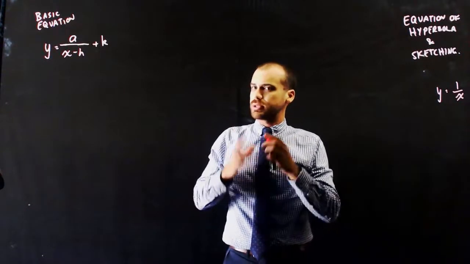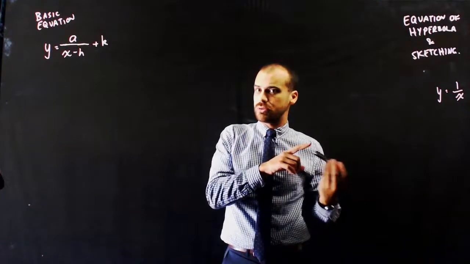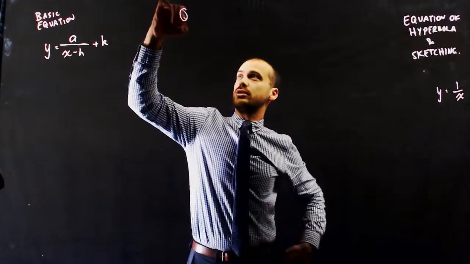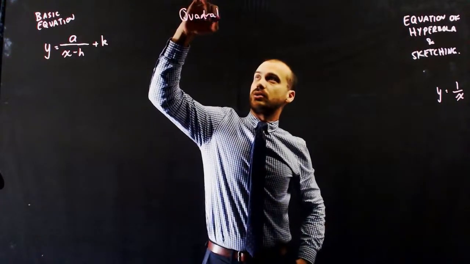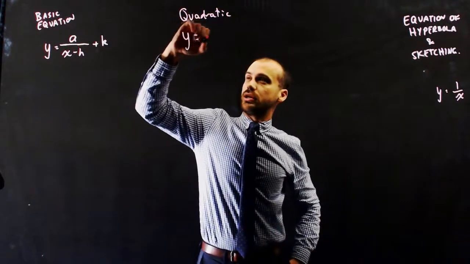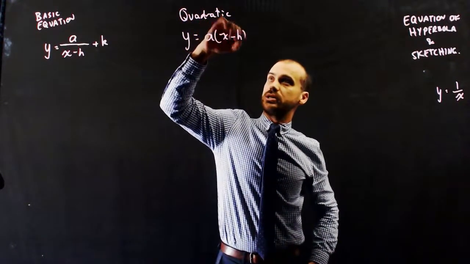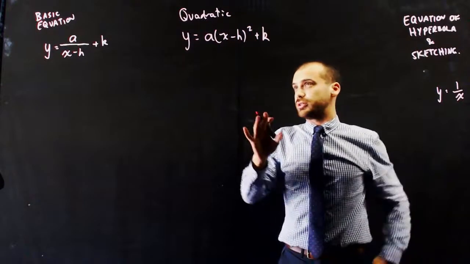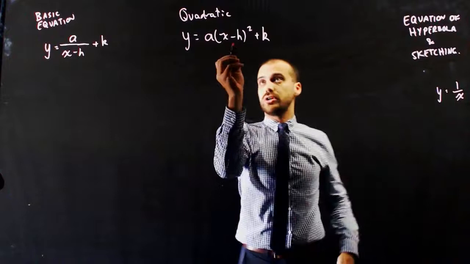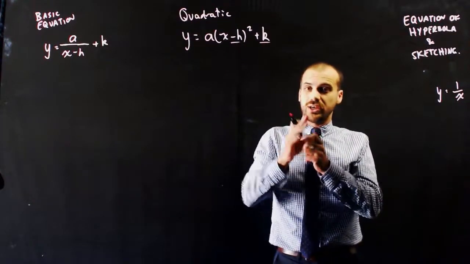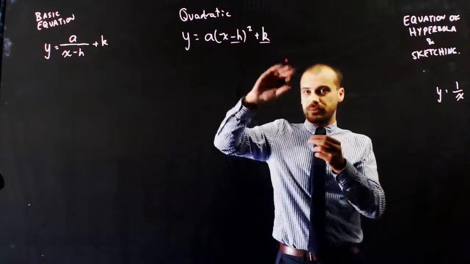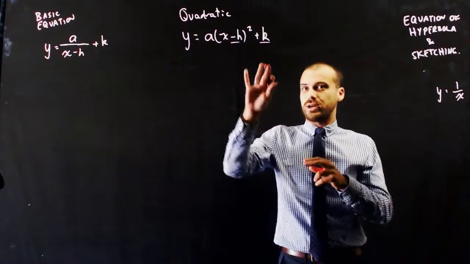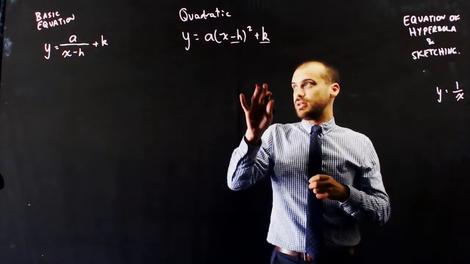Probably the easiest way to explain this is to explain it in terms of the quadratic, which you already know. So the quadratic equation is y equals a x minus h squared plus k. And you should know a few things about that. You should know that h and k will affect the turning point, sort of the middle point of our quadratic.